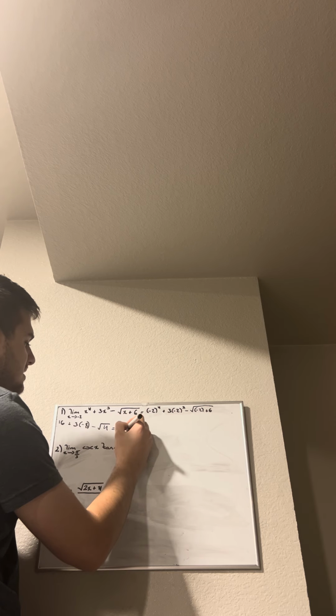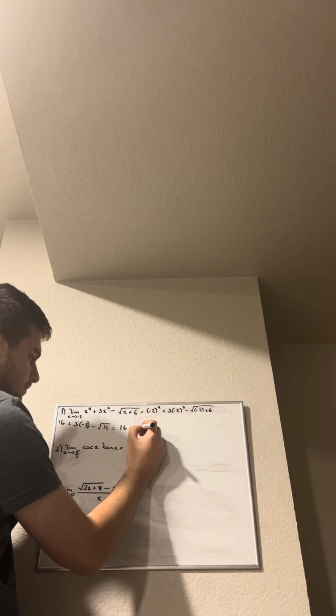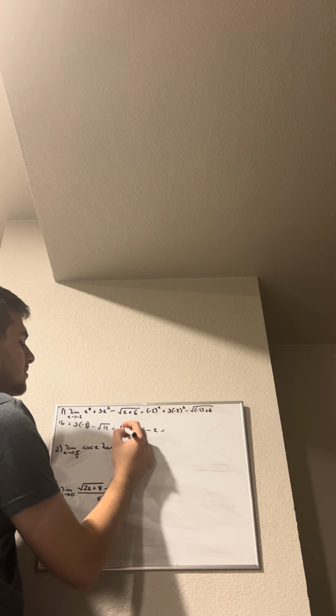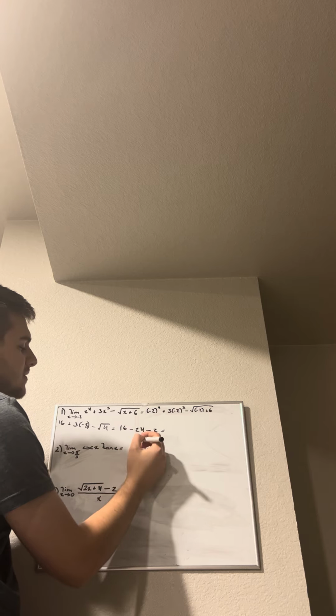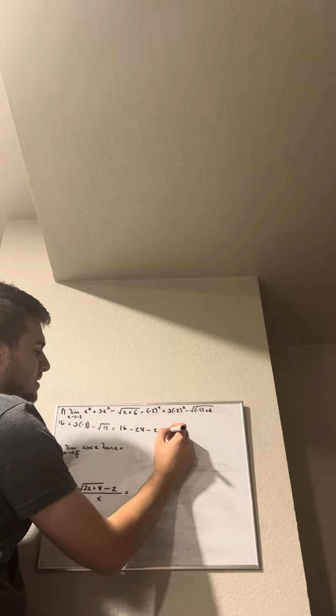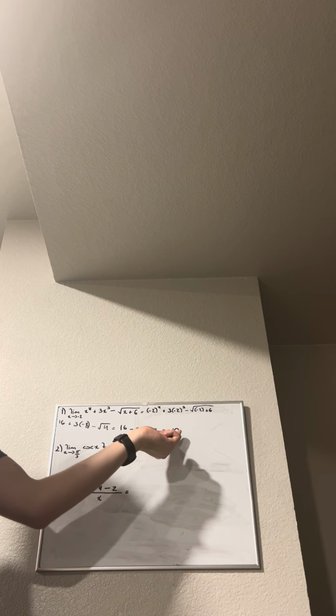So you have 16 minus 24 minus 2, which equals -8 minus 2, which is just -10. That equals the value of the limit evaluation.